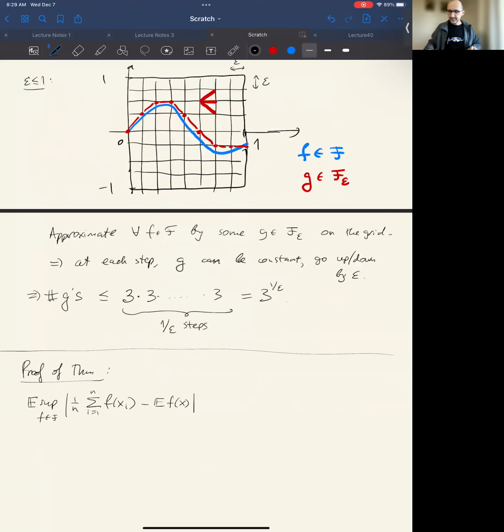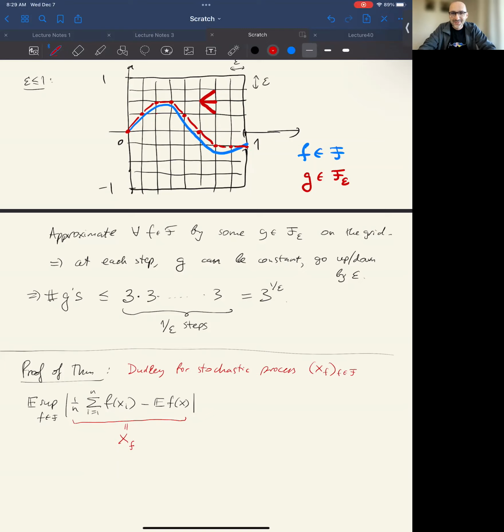Okay, we're applying Dudley, so we call this thing X sub F. So we will apply Dudley for the stochastic process X sub F, which is indexed by Lipschitz functions.